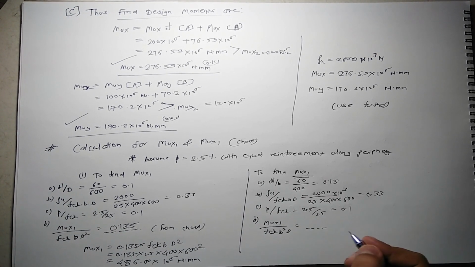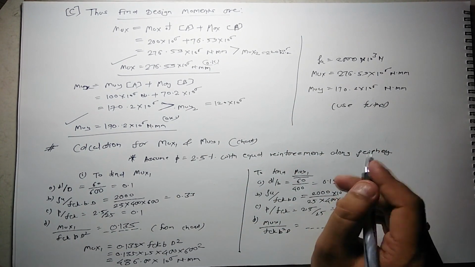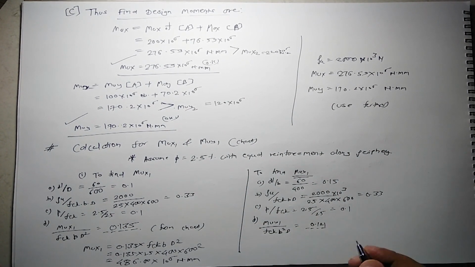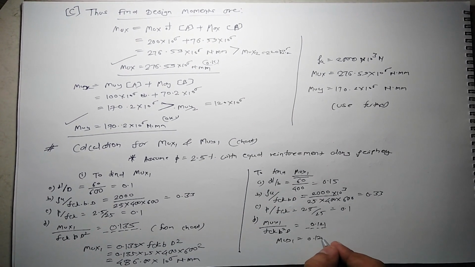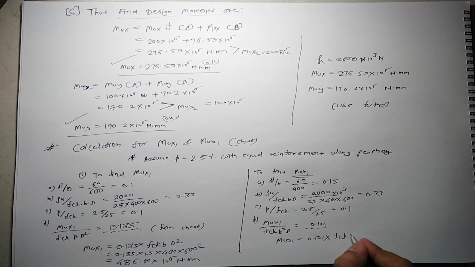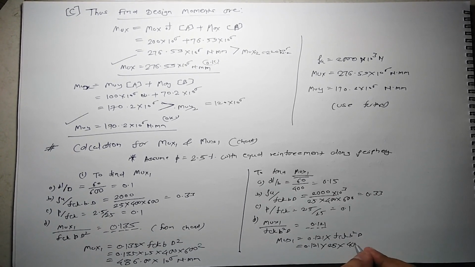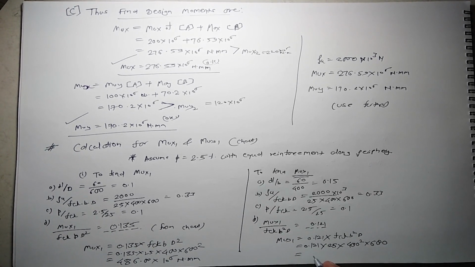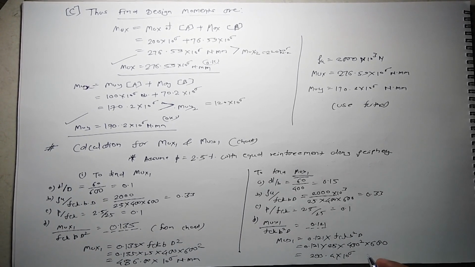Now this value we will pick from the chart with the same procedure I explained just now. So it comes to 0.121. So Muy1 equals 0.121 into fck b square d, so 0.121 into 25 into 400 square into 600. So it is coming out to be 290.4 into 10 to the power 6 Newton mm.